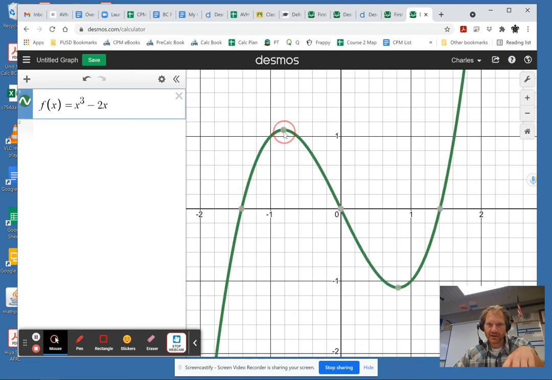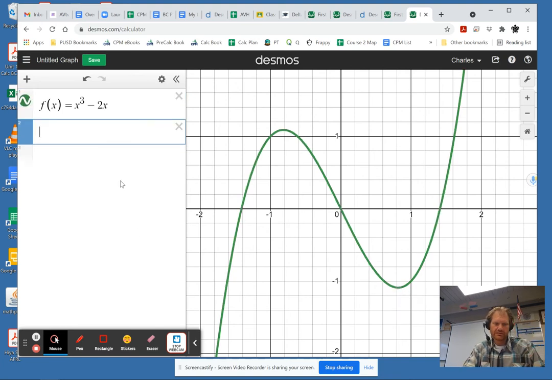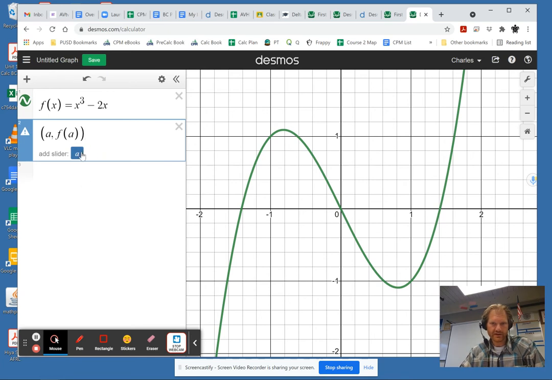You could think of where the derivative is going to equal 0. There's a relationship between a graph and its derivative, in that where a graph has a minimum or a maximum, its derivative has a slope of 0. So if I say f, let's do a comma f of a, add a slider for a.